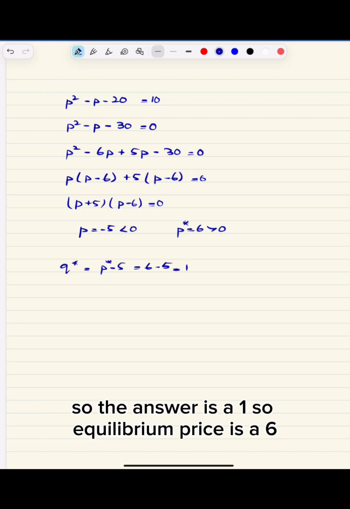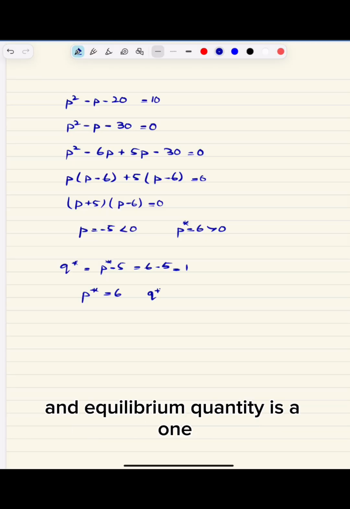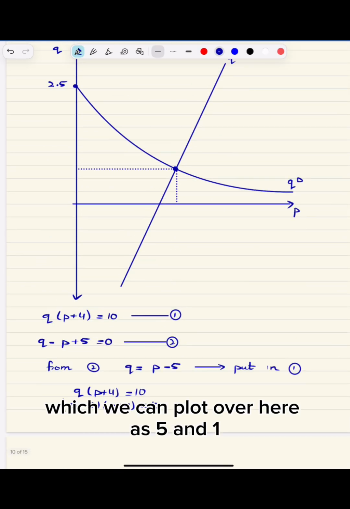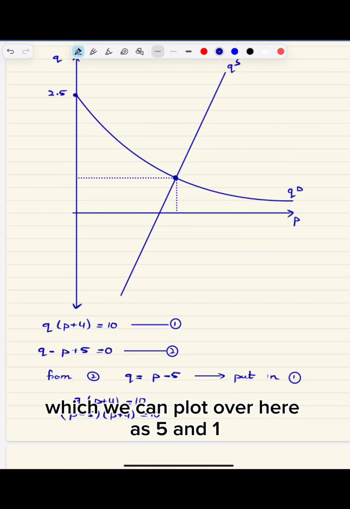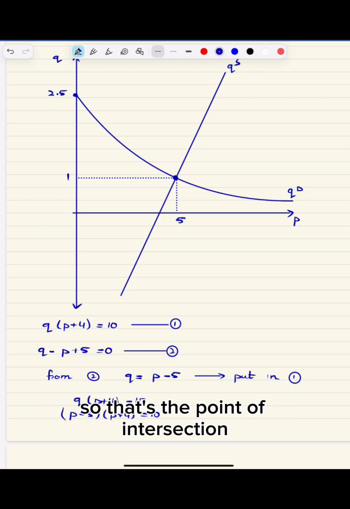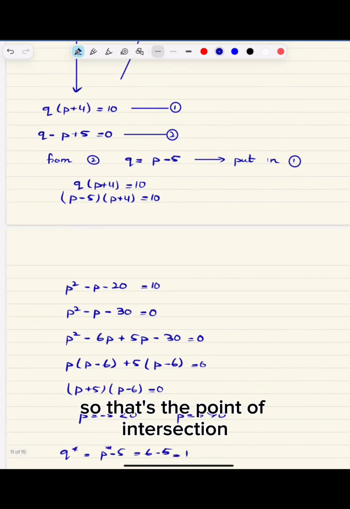So the answer is 1. So equilibrium price is 6 and equilibrium quantity is 1, which we can plot over here as 6 and 1. So that's the point of intersection.